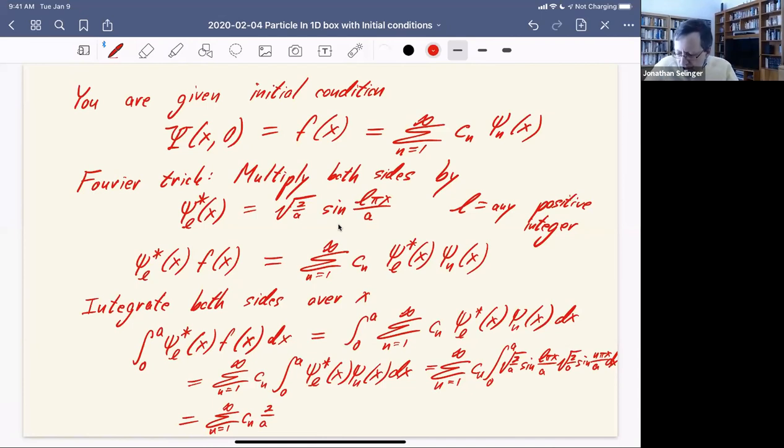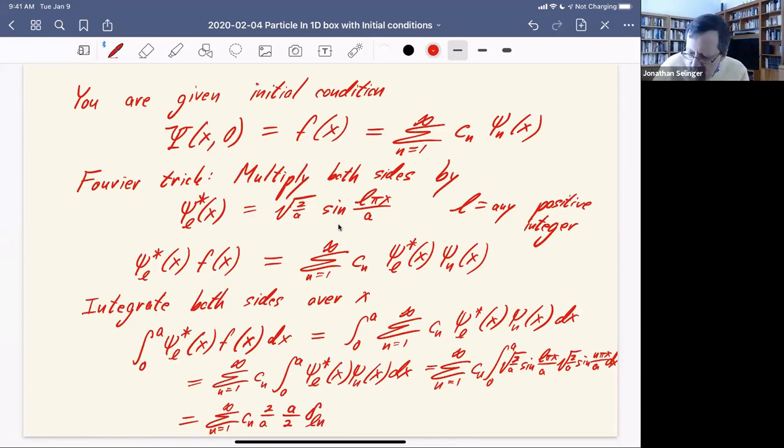On the other hand, if L is not equal to n, then the product of sines is positive half the time and negative half the time, and it averages to 0. So the integral of that product is a over 2 times delta L n, where delta is the Kronecker delta, which is 1 if L equals n and 0 otherwise.